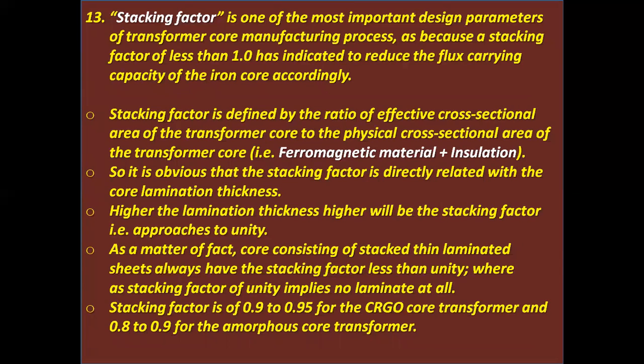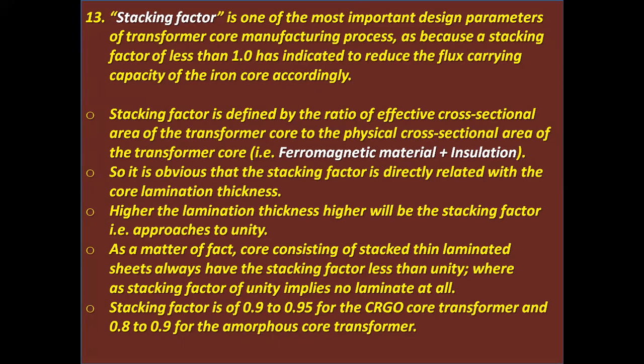Stacking factor is defined by the ratio of the effective cross-sectional area of the transformer core to the physical cross-sectional area of the transformer core, that is ferromagnetic material plus insulation. So it is obvious that the stacking factor is directly related to the core lamination thickness.